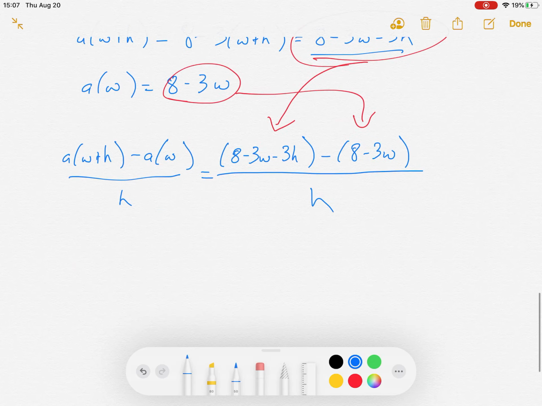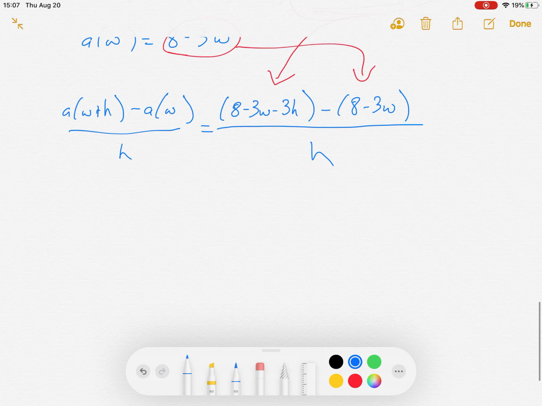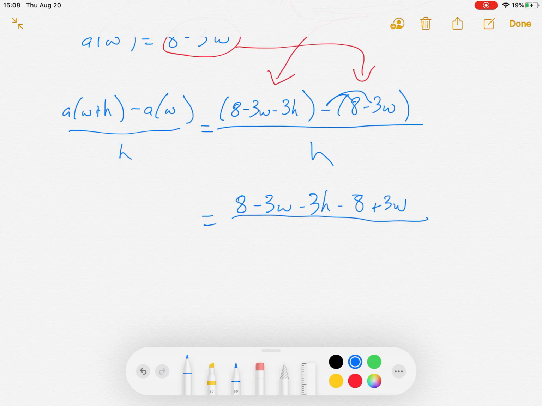Okay. All right, let's do some work here. The parentheses in the beginning don't really matter, so I can just kind of ignore those. 8 minus 3w minus 3h. This does matter. I'm going to have to distribute, so I'm going to have minus 8 and plus 3w all over h. Now, whenever you have these division problems like this, keep in mind there's kind of an implied parentheses around the numerator and the denominator.